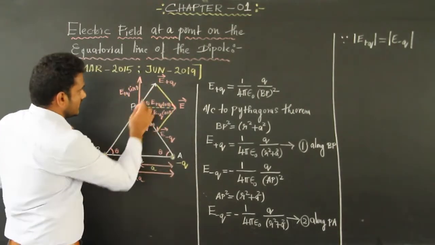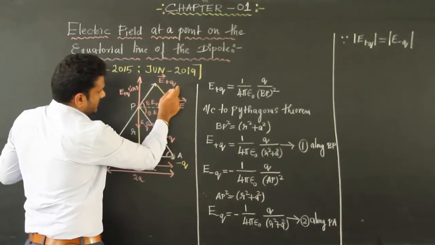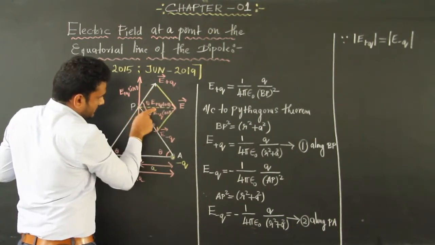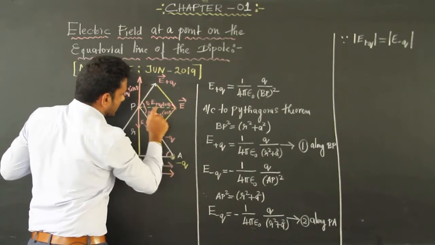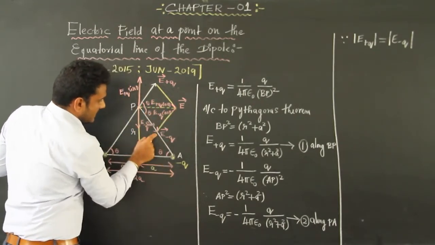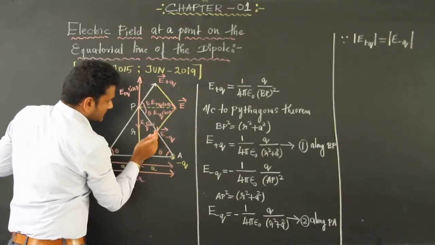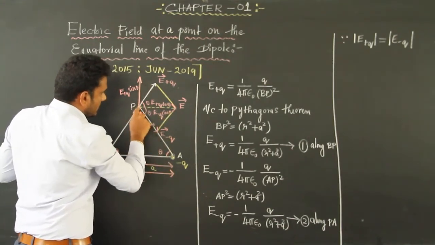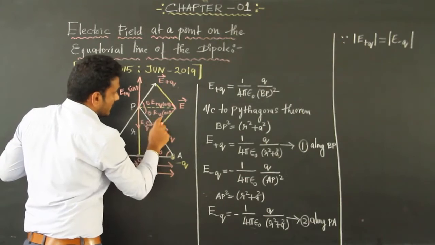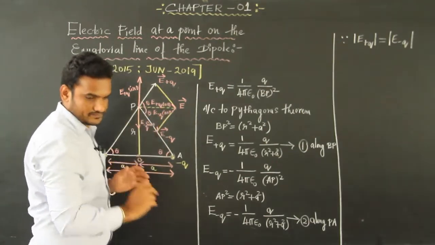I repeat, E plus Q is resolved into two components: along vertical, E plus Q sin theta, along horizontal, E plus Q cos theta. E minus Q is resolved into two components: along vertical, E minus Q sin theta, along horizontal, E minus Q cos theta.